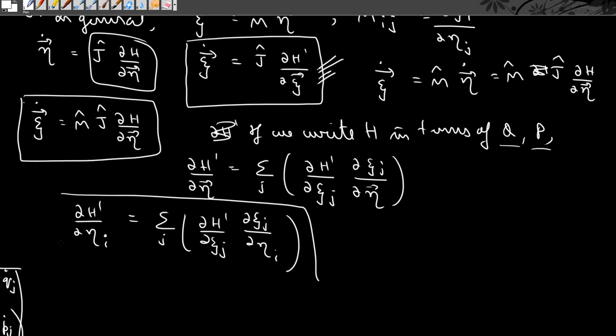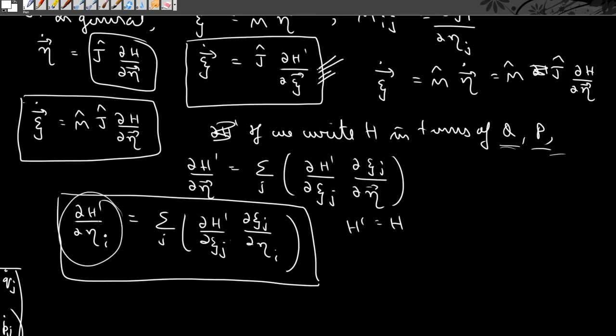Okay, so this relation is valid mathematically because our H dash is equal to H, and when H dash is written in terms of the new variables, we can use the chain rule and find this quantity, that is the partial derivative of the Hamiltonian expressed in terms of new variables with respect to the old variable, by differentiating with respect to the new variable times these quantities, which are the elements of the Jacobian matrix.